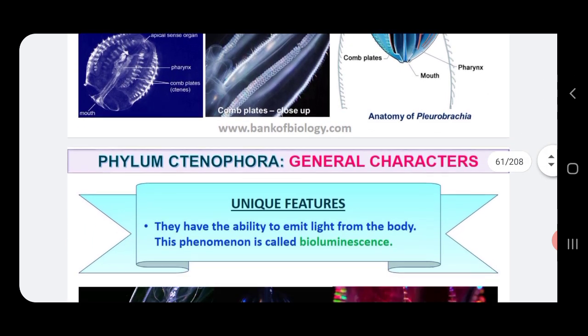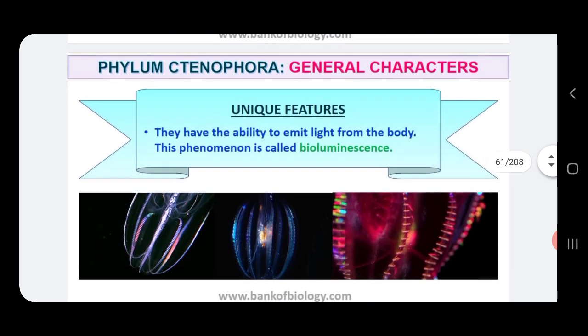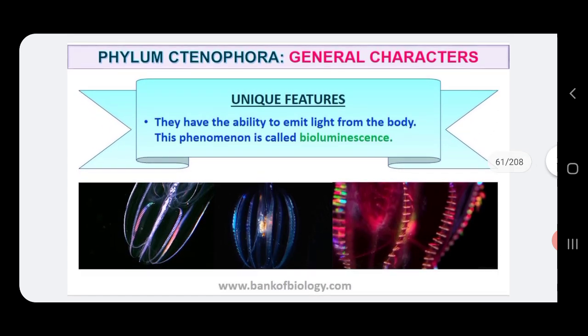Along with this, they have got the ability to emit light, that is bioluminescence. Here in the picture you can see how they are sparkling in the dark water or dark background. It is because of the bioluminescence property, that is the ability to emit light from the body. It is well marked in members belonging to Ctenophora.